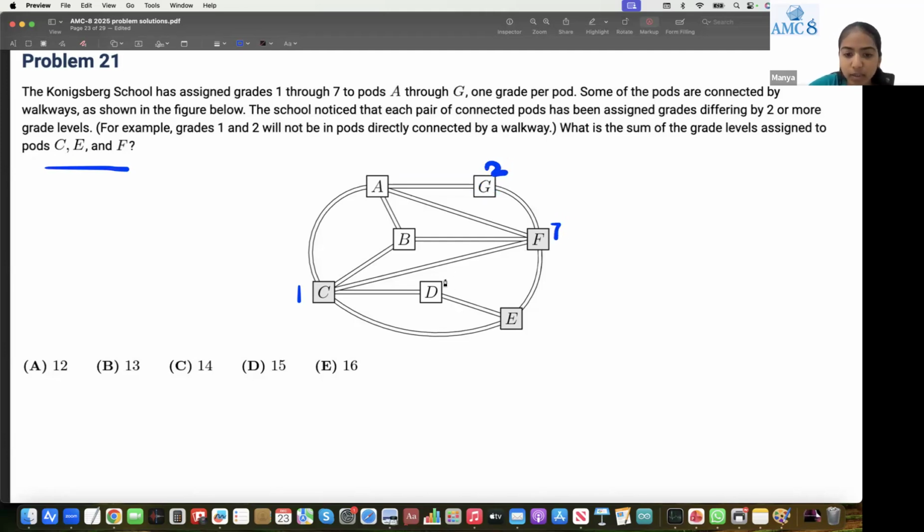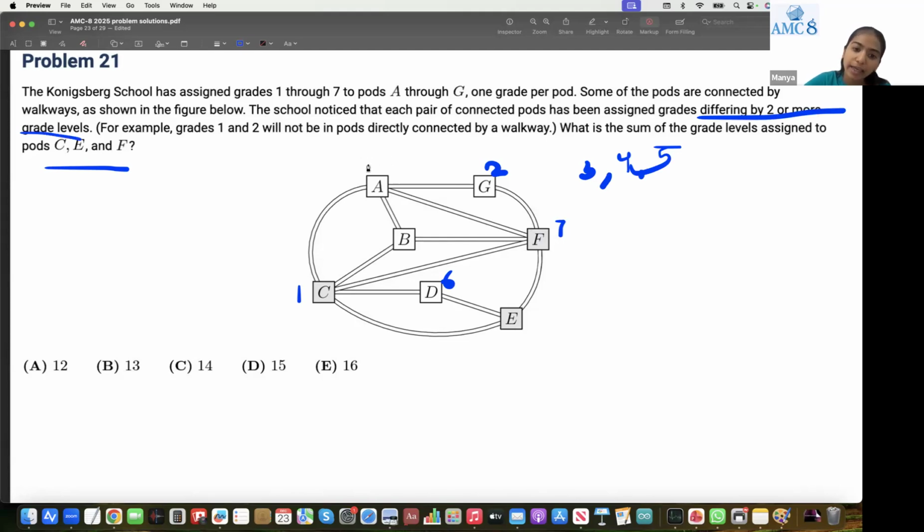That means that D has to be 6, because F is not connected to D. It's the only pod which is not connected. And now we're left with 3, 4, and 5. We see that A and B are directly connected to each other, but they have to be differing by 2 or more grade levels.